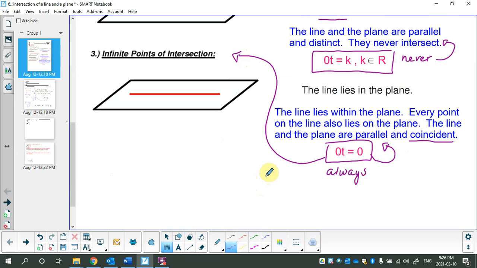So it's not good enough to say parallel, because it could be parallel and distinct, or it could be parallel and coincident, so you do have to be specific.